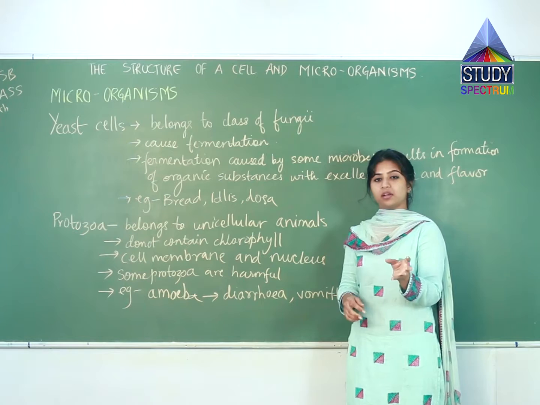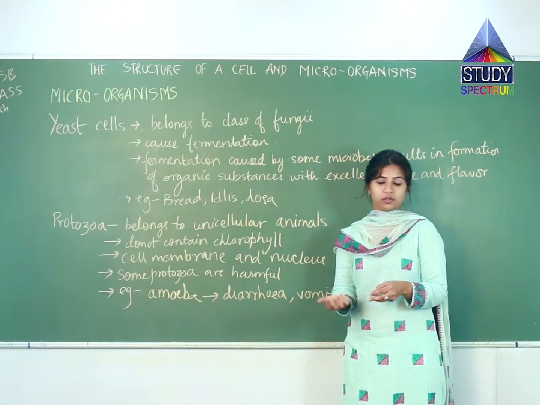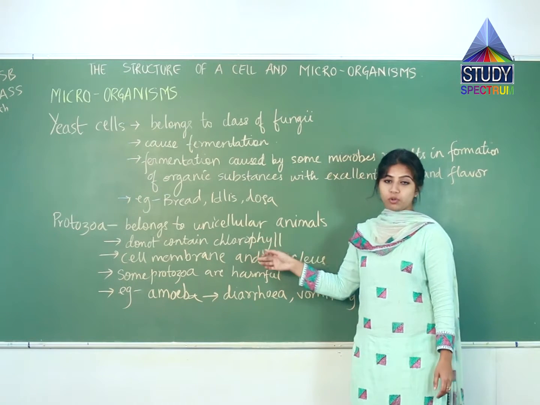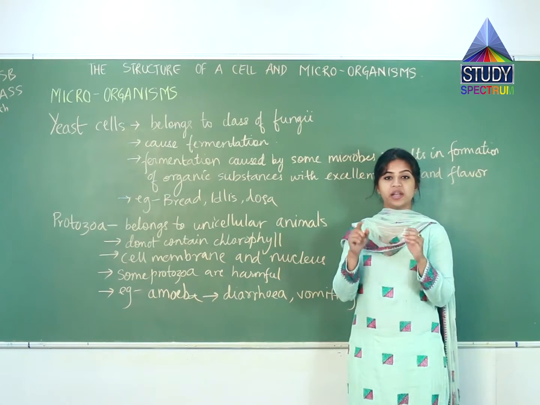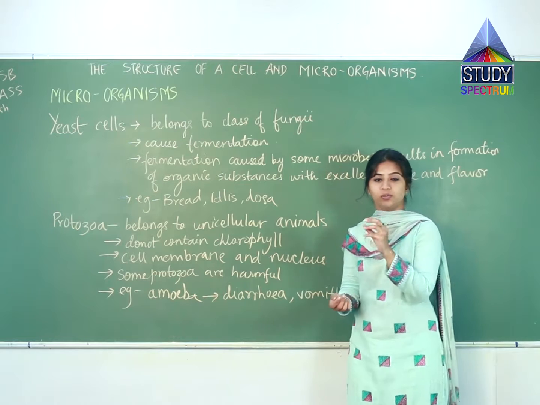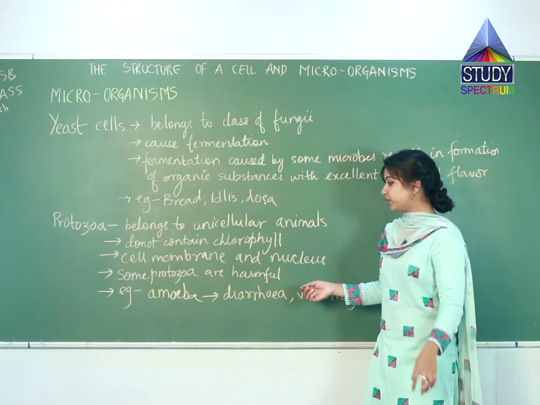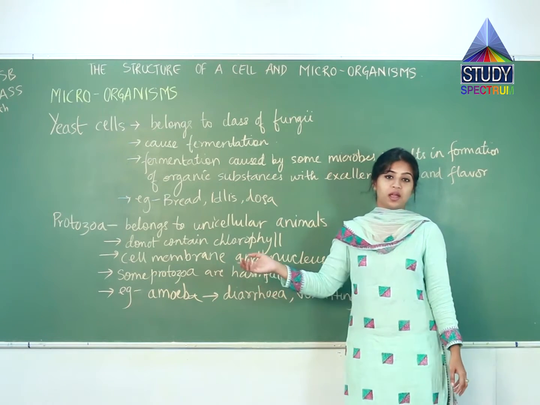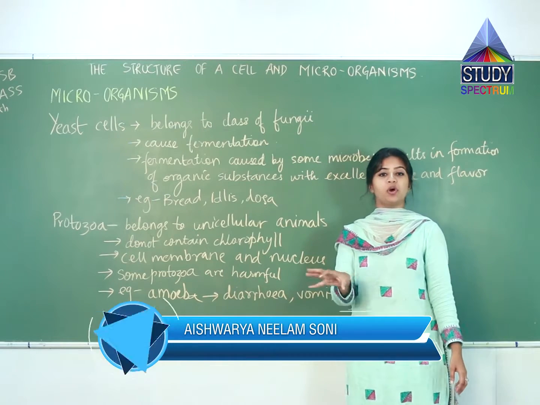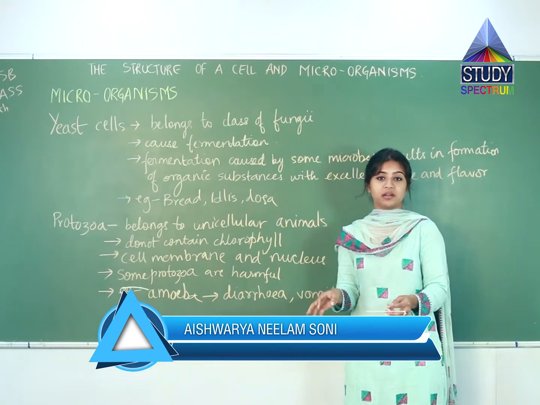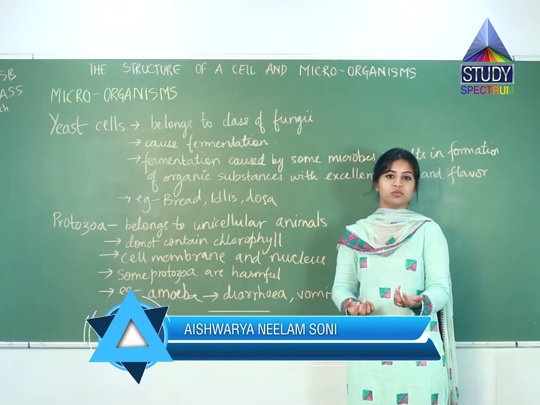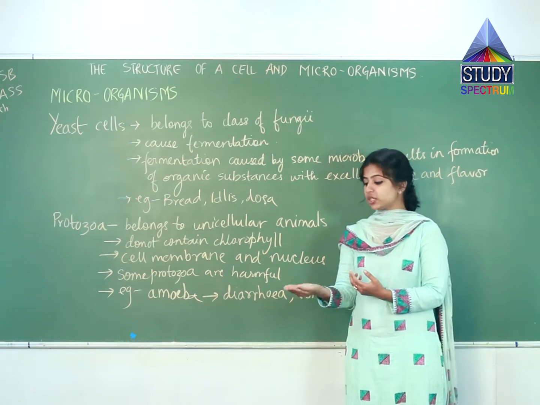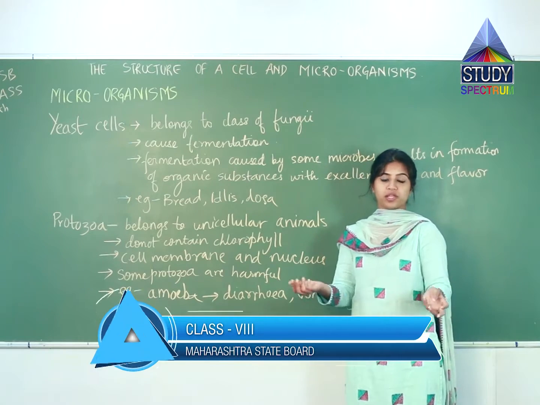One example of a protozoan could be amoeba. We were all introduced to amoeba in a younger standard, that it had no shape and no size. It was just like a pseudopodia, could take any shape, and pseudopodia means false feet.